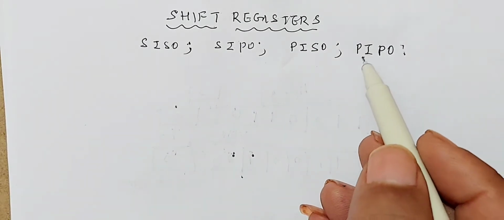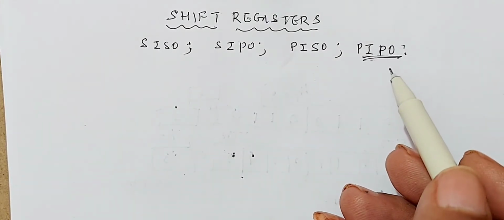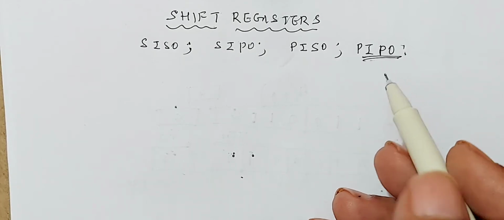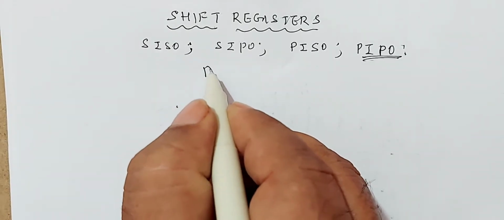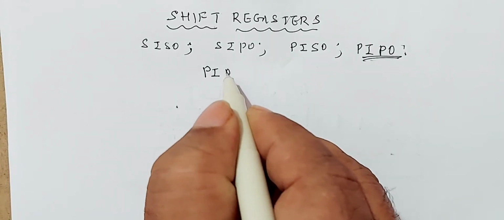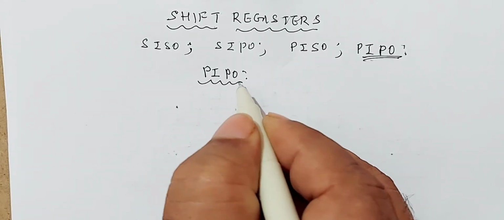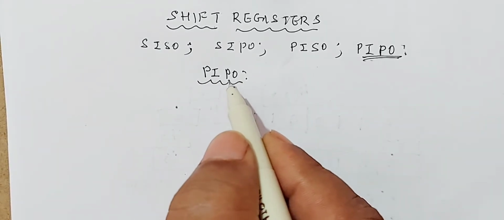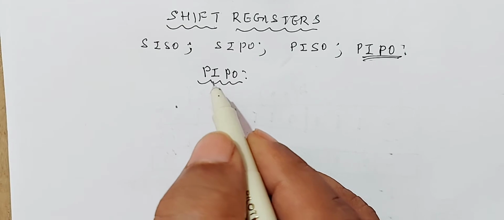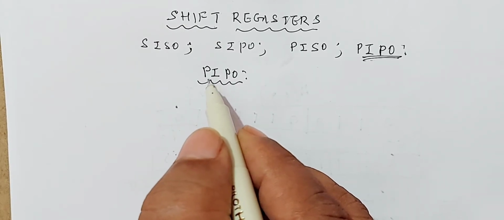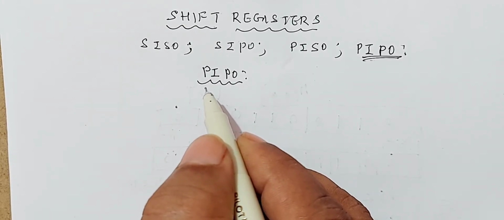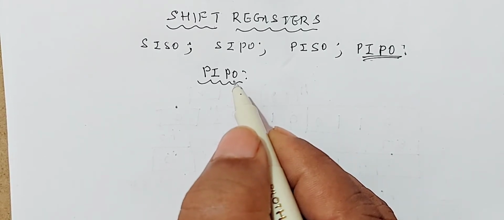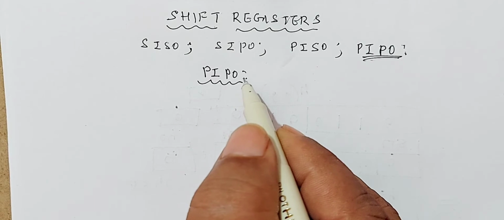First we shall discuss parallel in, parallel out to shift 4 binary bits. So, parallel in, parallel out shift register. Here the input is parallel, the output is also parallel. That means you have to apply input simultaneously to all the flip-flops, and you have to take the output simultaneously from all the flip-flops.